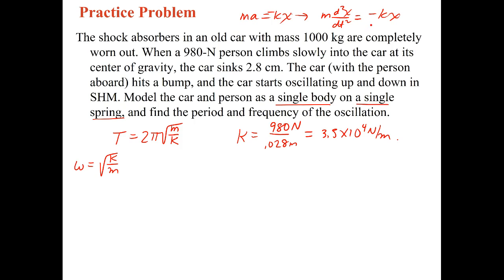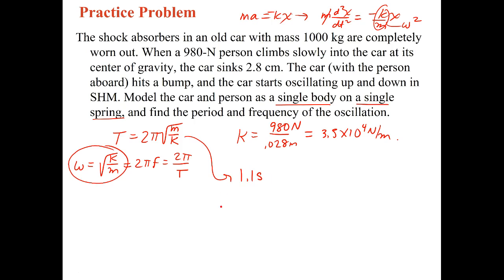So if you just remember that k over m is omega squared, you can get to this point. And then omega is equal to 2 pi f, which is equal to 2 pi over T. So T is 2 pi divided by this, so it's times root m over k. All right, so that gives me the period, and that period turns out to be about 1.1 seconds. And so the frequency is 1 over that, which is about 0.9 hertz.